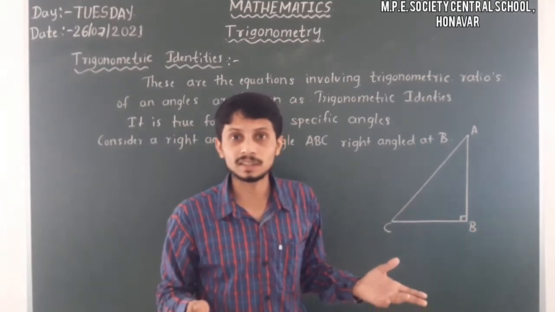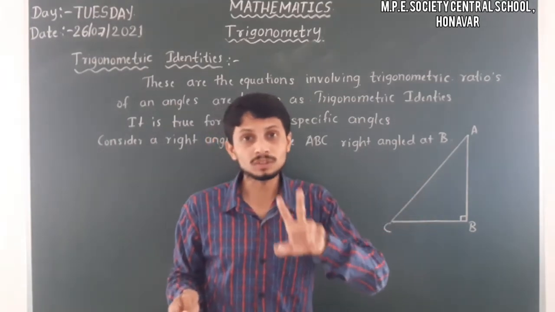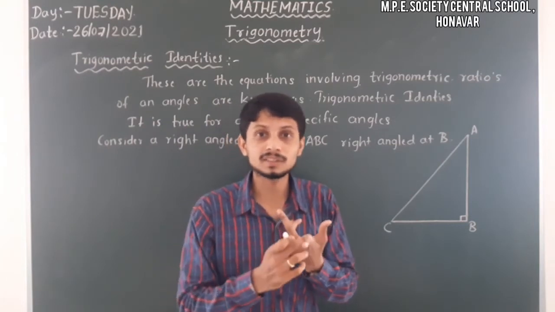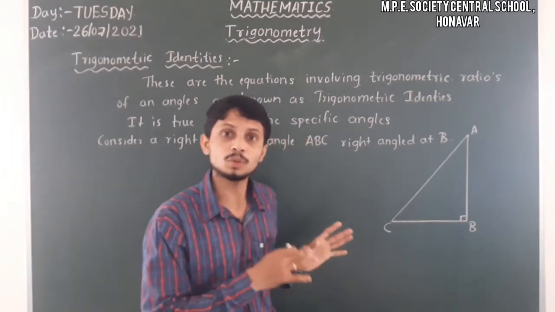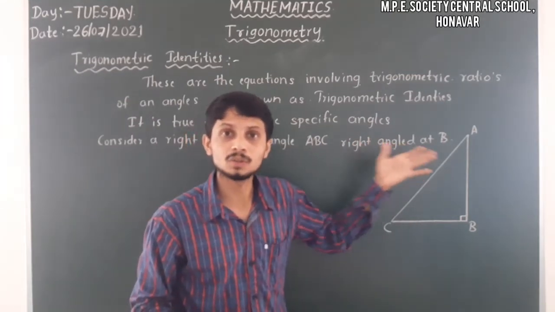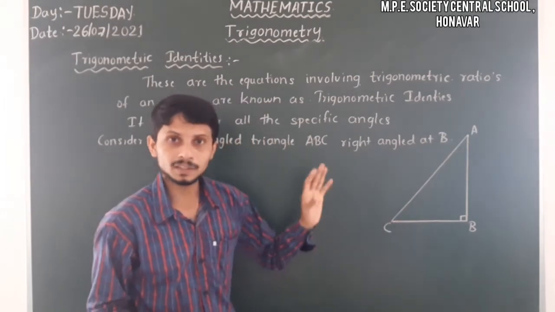Those two we use to derive the trigonometric identities. So let us apply the Pythagoras theorem first.